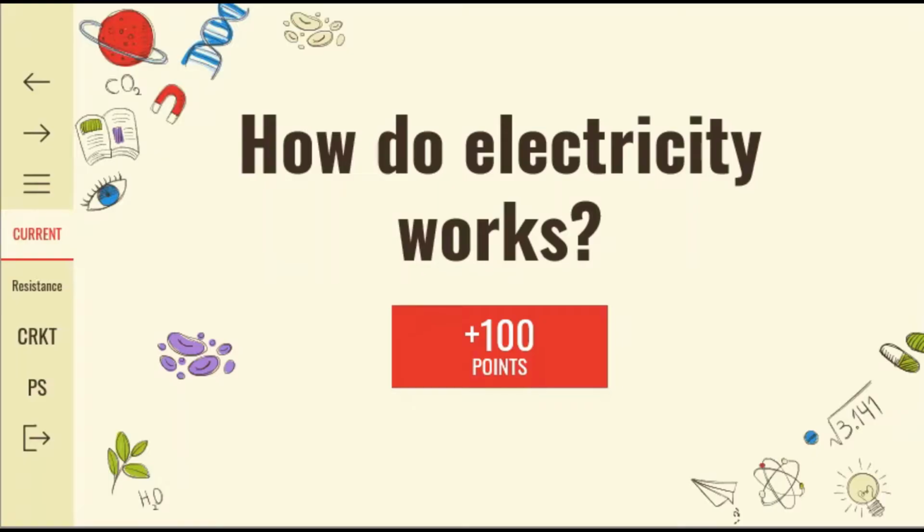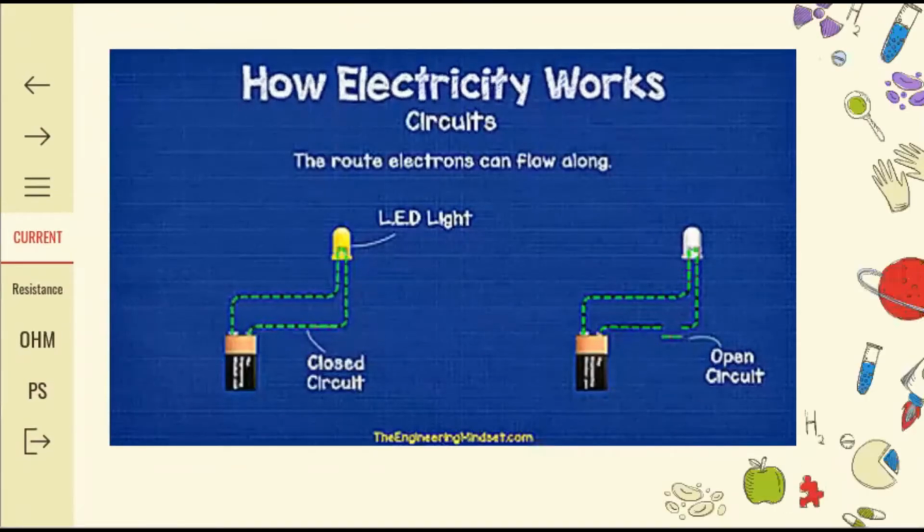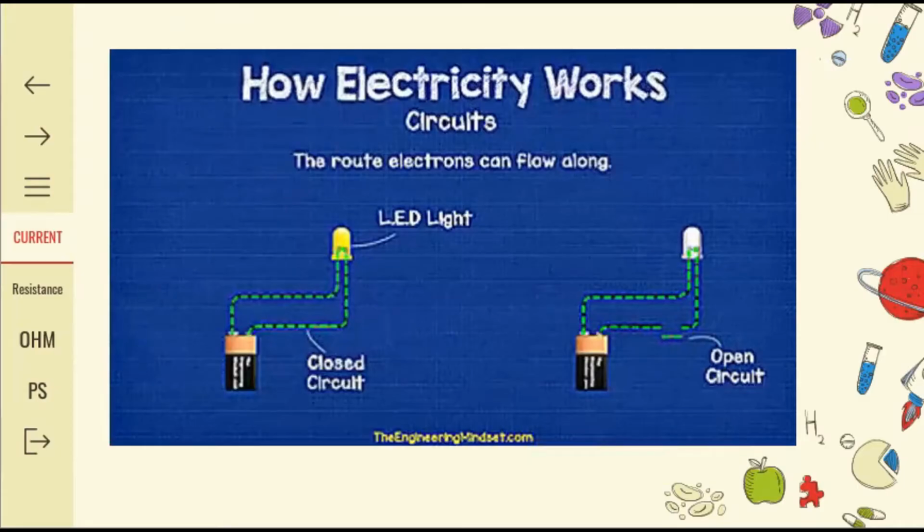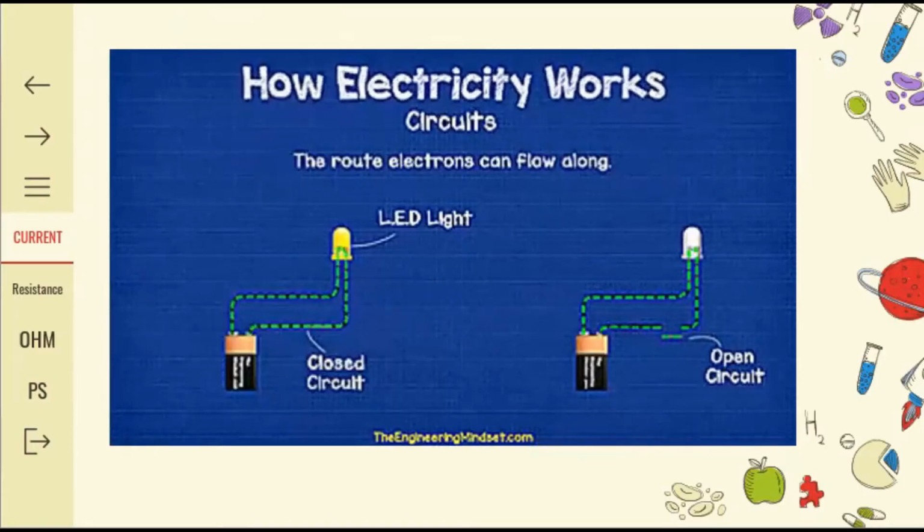So how electricity works, in studying electricity, we need the understanding of two different types of circuits. Okay? So we have closed circuit and open circuit. The difference between these two types of circuit is that in a closed circuit, the current flows continuously following the track or the loop of our circuit.